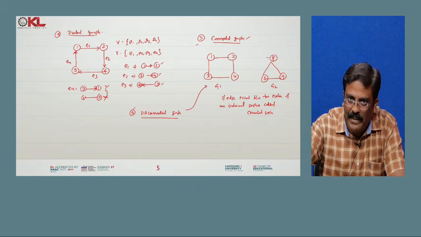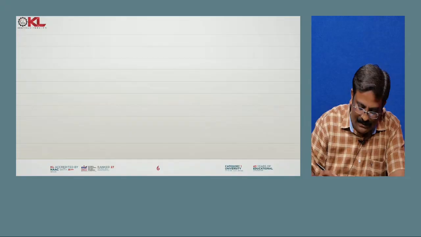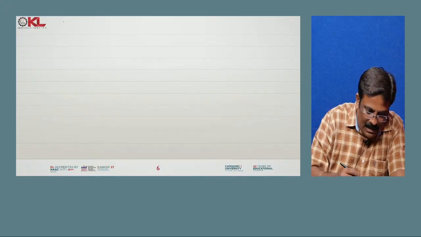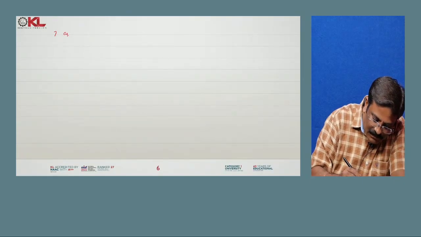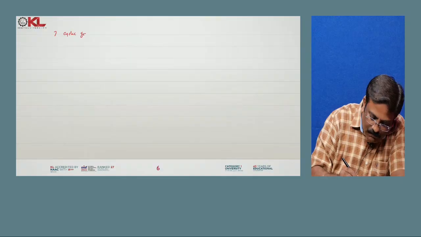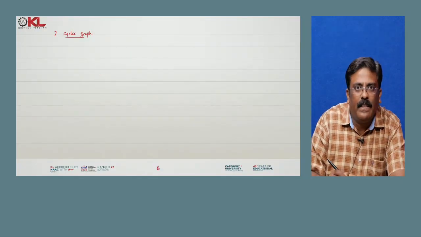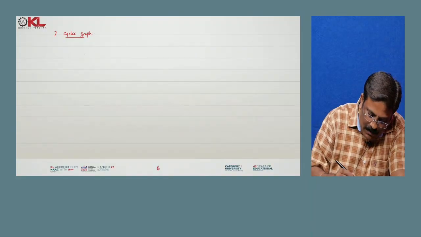Followed by that, we have the cyclic graph and the acyclic graph. It can be the seventh type of graph, the cyclic graph. What does a cyclic graph say?